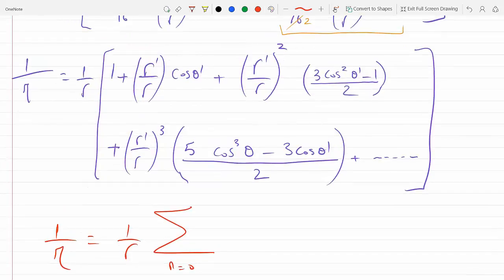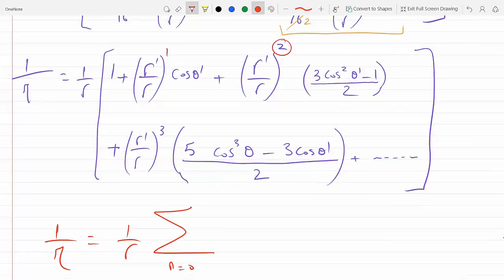Notice r prime over r is, here it's 1, here it's 2, here it's 3. So this is just r prime over r to the n. If n is 0, you get 1. If n is 1, you get r prime over r, and so on.